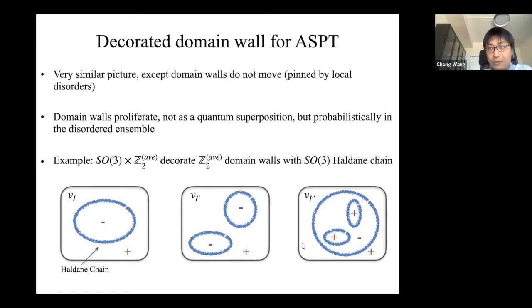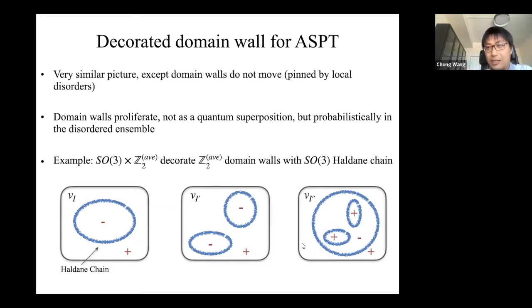I should also say that this domain wall proliferation at the classical probability level is also what restores the Z2 symmetry in my ensemble. Right. So once I have restored the Z2 average symmetry, I still have the SO3 exact symmetry. Then I can ask, on the domain walls, what's being decorated?